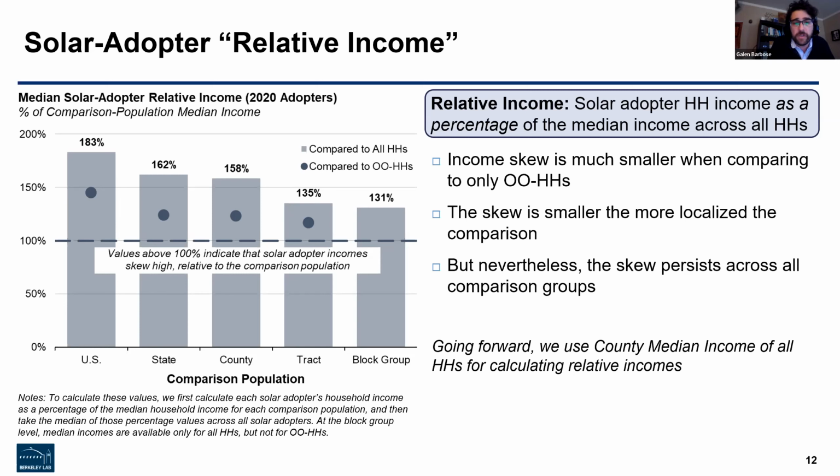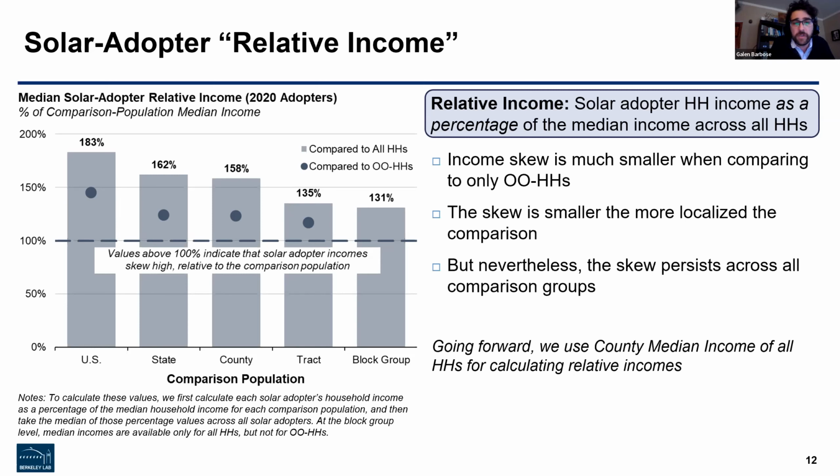As we saw on the previous slide, the discrepancy between solar adopter incomes and the broader population is smaller when we compare just to owner-occupied households. Those are the dots in the figure here. As the figure also shows, the skew or the bias in income levels also declines the more localized the comparison.